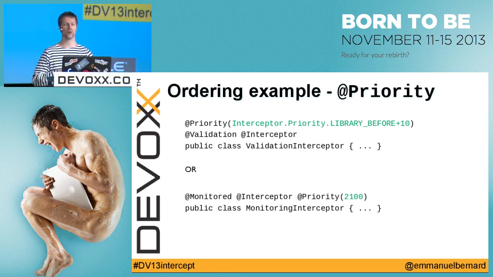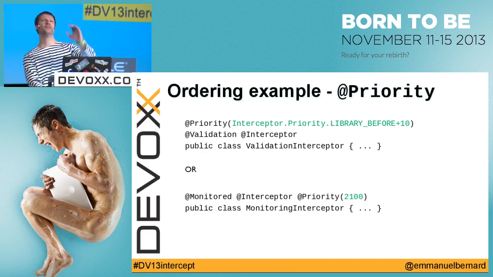In this case, I want the validation to be very, very early on, so I say library before plus 10 points. The second piece of code is exactly equivalent. I just find it less readable, so I'd recommend you do the first. It provides way more semantics to the team that will read your code down the road.